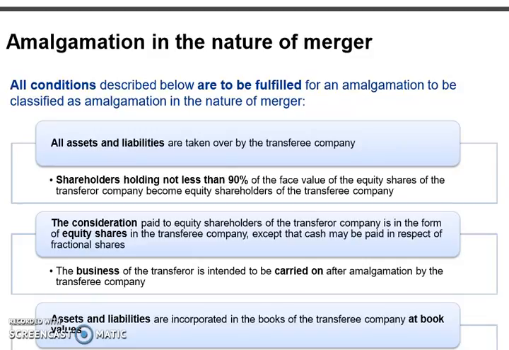Okay, so those 5 conditions are: number one, all assets and liabilities of the transferor company are taken over by the transferee company. All assets and liabilities. Second is shareholders holding not less than 90% of the face value of equity shares of the transferor company become equity shareholders of the transferee company.